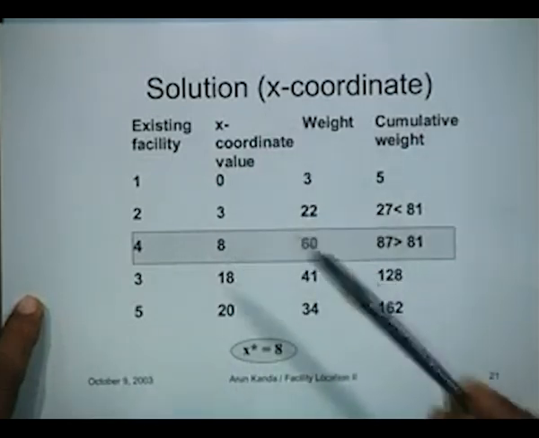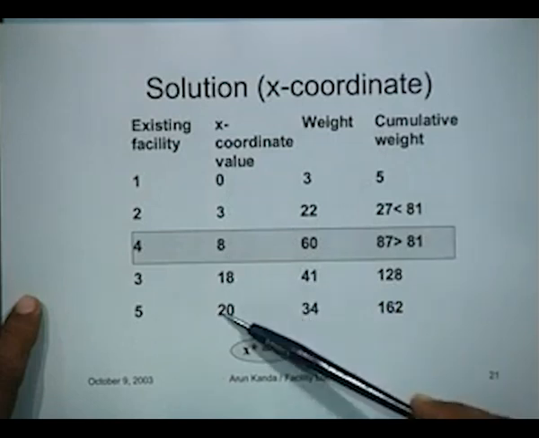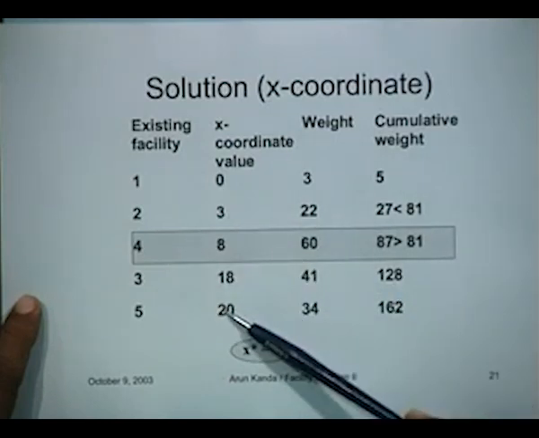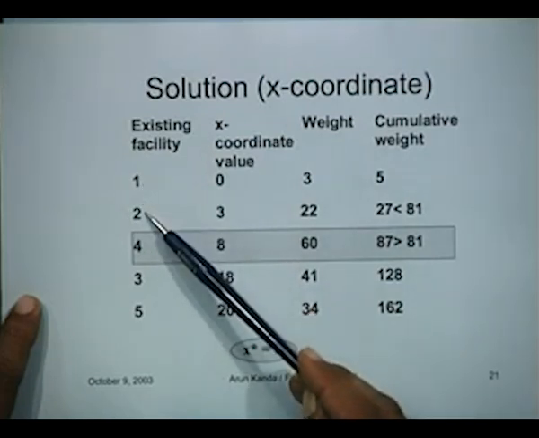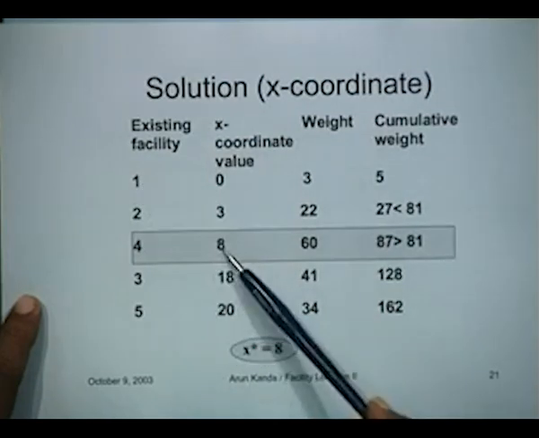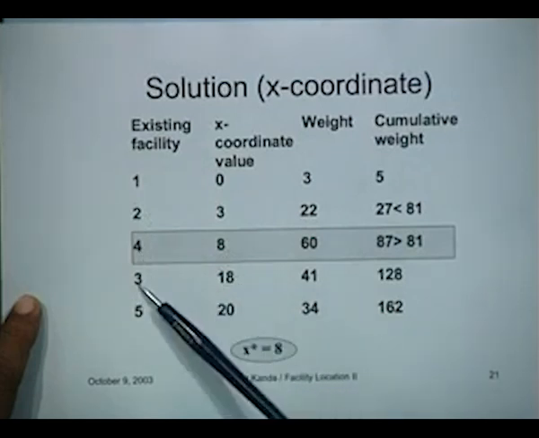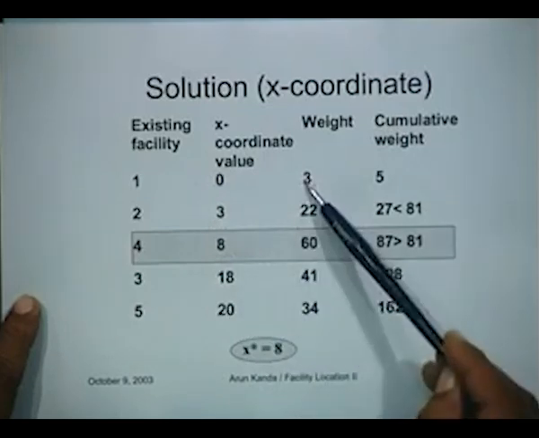So this simply means that we arrange all the x coordinates in ascending order: 0, 3, 8, 18, 20. This corresponds to existing facility 1, facility 2, facility 4, and this to facilities 3 and 5. So, ascending order of the x coordinates, and then determine the weights.